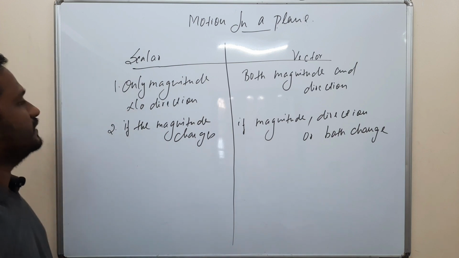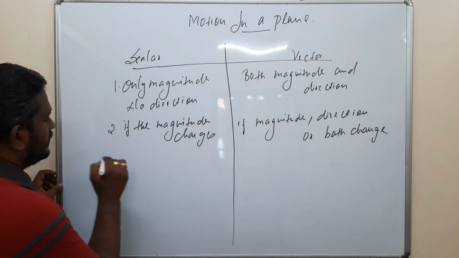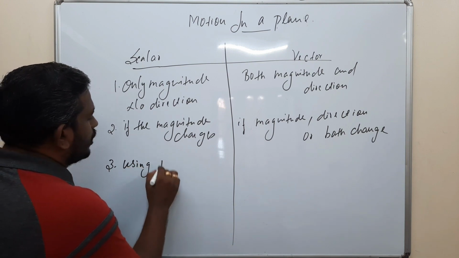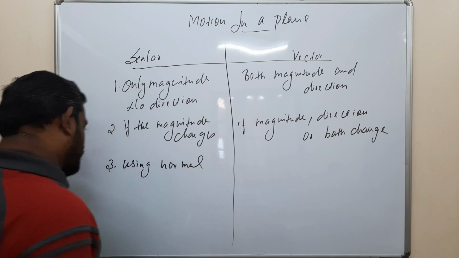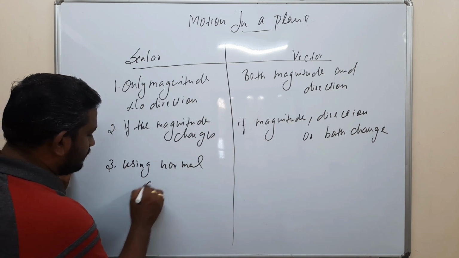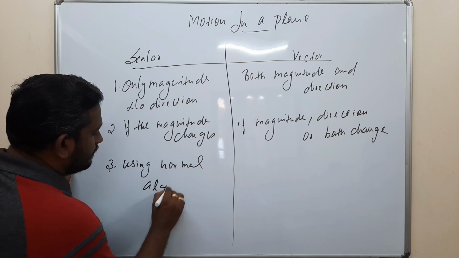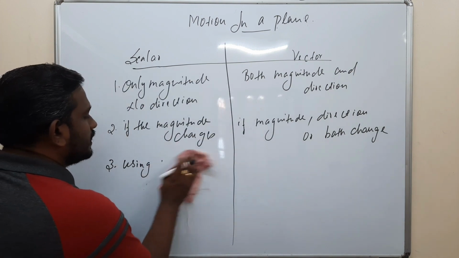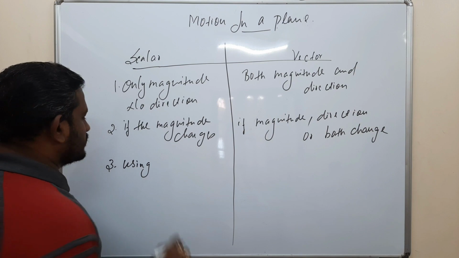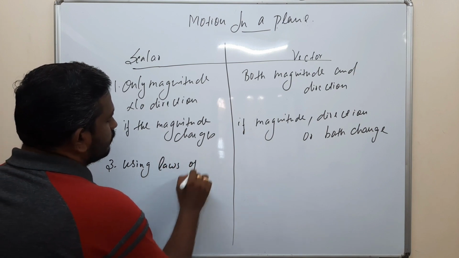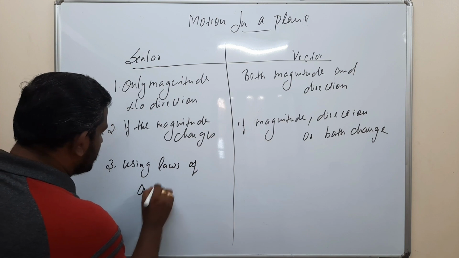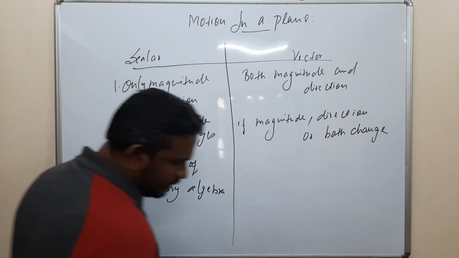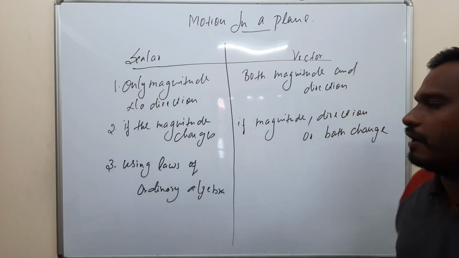Third point: scalar quantities can be added using the laws of normal or ordinary algebra.